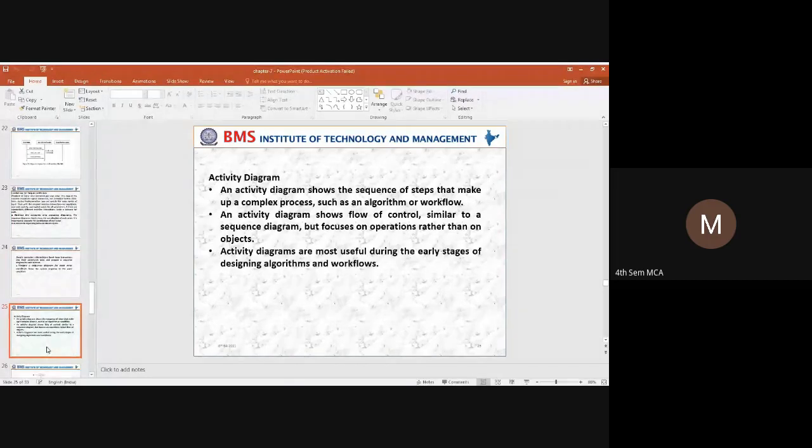So next we have an activity diagram. An activity diagram is similar to a workflow or a flow diagram. It shows how the events have to be executed, how the tasks have to be implemented, or how the control is going to move from one object to another object with respect to the algorithm.